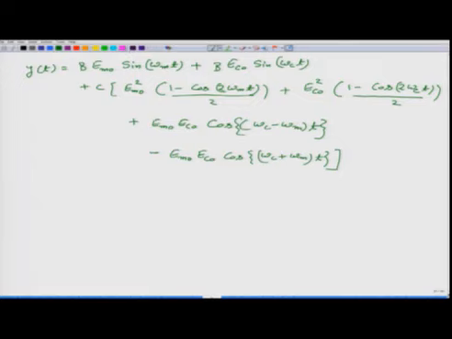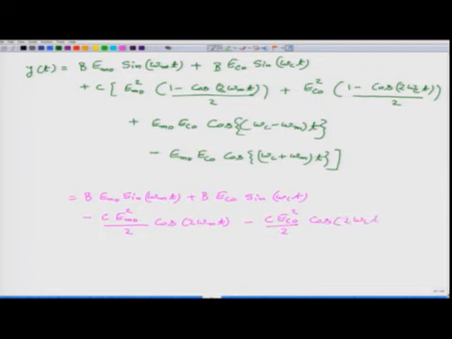And this becomes equal to b Em naught sin omega mt plus b Ec naught sin omega ct minus c Em naught square divided by 2 cos of 2 omega mt minus c of Ec naught squared divided by 2 cos of 2 omega ct plus Em naught Ec naught cos of omega c minus omega m t, and of course this has to be multiplied with c.